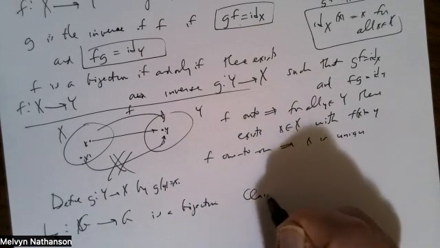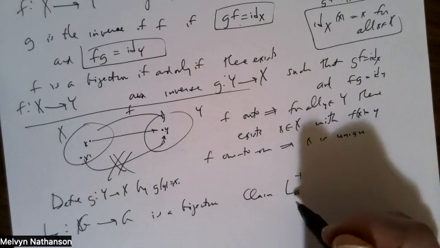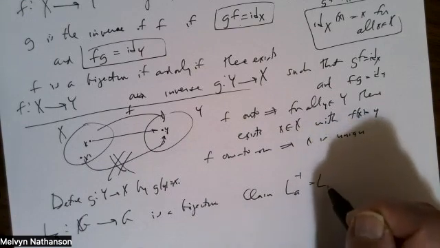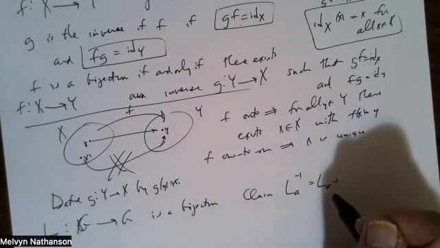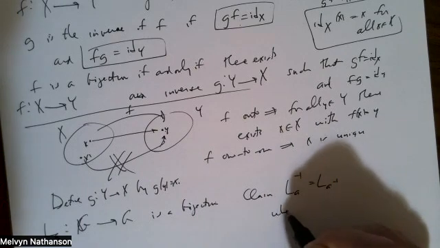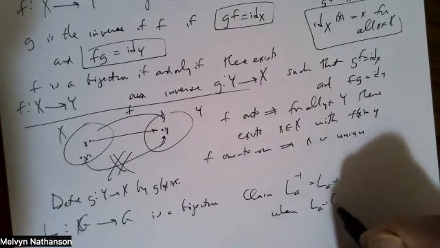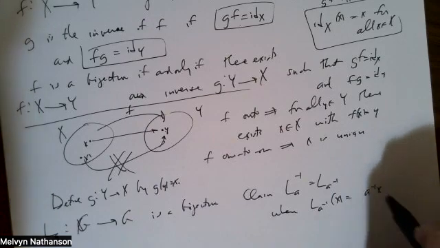And I claim that the inverse function is L sub A inverse. This means left multiplication by A inverse. So L sub A inverse of x means multiply x on the left by A inverse.